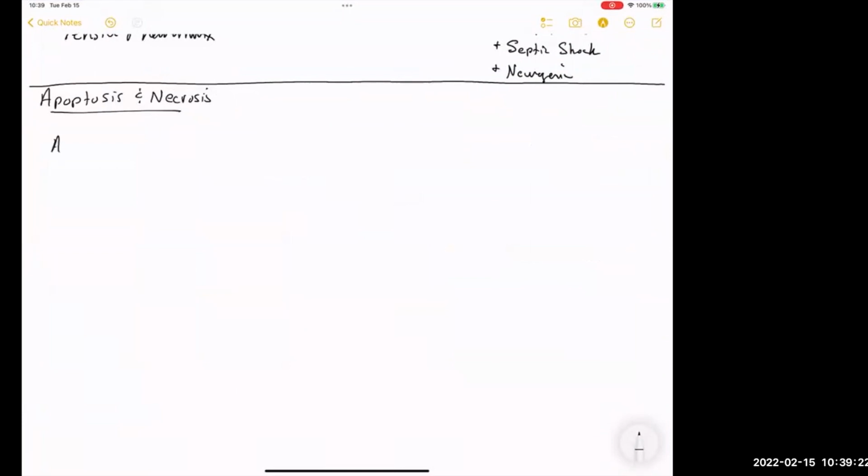So apoptosis is also referred to as programmed cell death. This is essentially when cells undergo suicide. They essentially kill themselves.